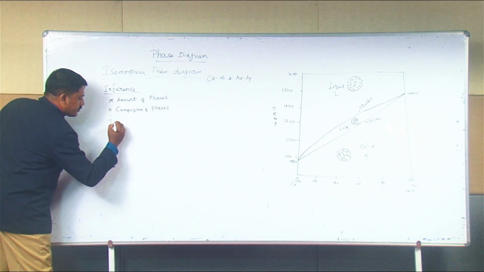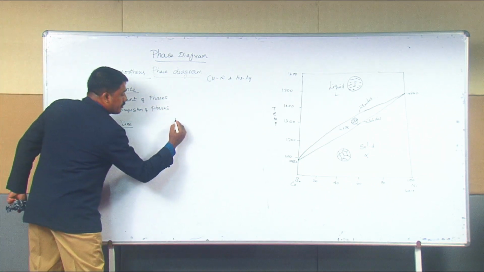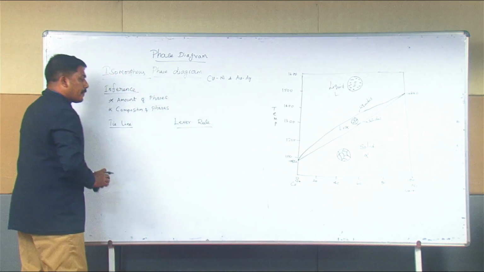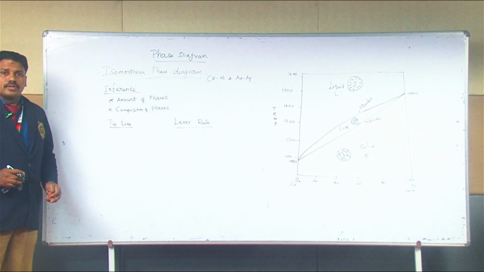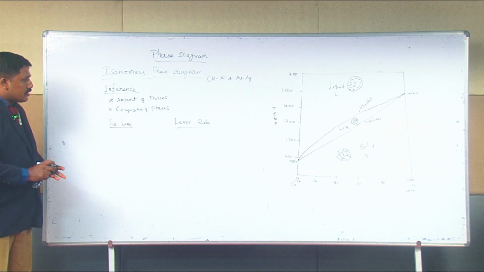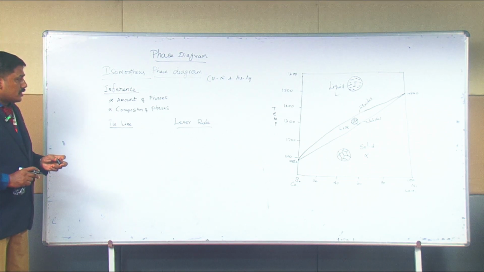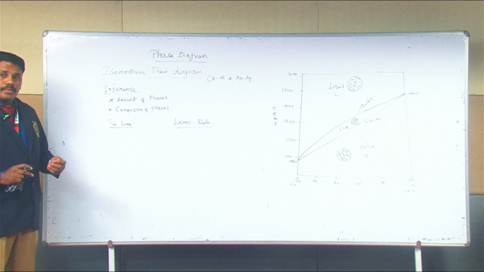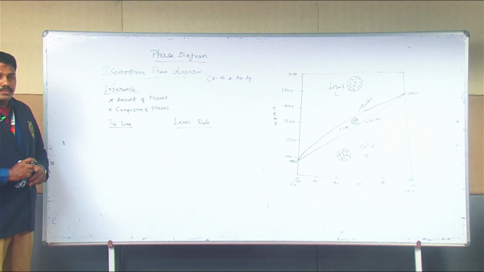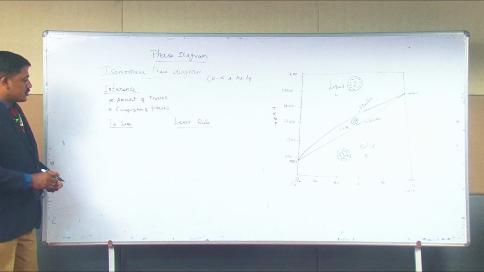We are going to introduce two more parameters, the tie line and the lever rule. Using these two, we are going to determine the amount of phases at a specific temperature, and the phases present at a specific composition or temperature are calculated by the tie line and the lever rule.